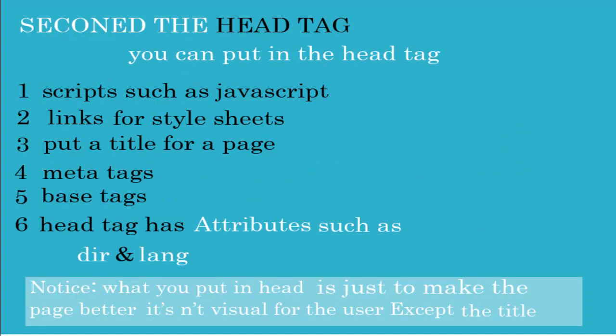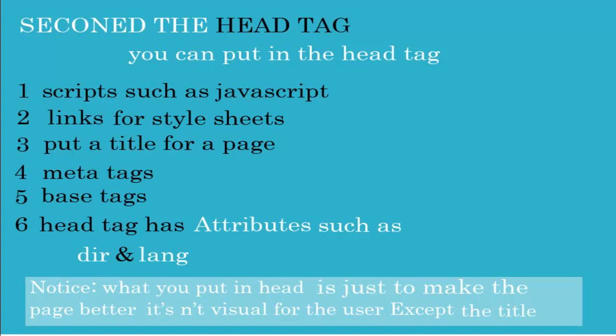Well, the second thing is the head tag. In the head tag you can put scripts like JavaScript, links like CSS, the title of the page, meta tags, base tags, and the head tag has attributes such as dir or lang, and I will explain every one of these in next videos, just showing you what you can put in the head tag.